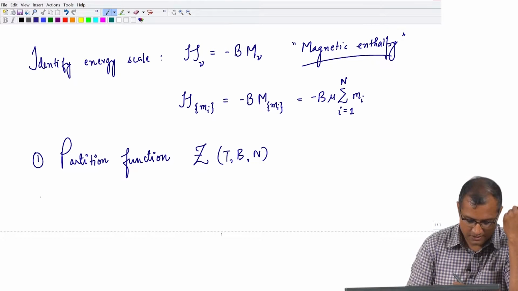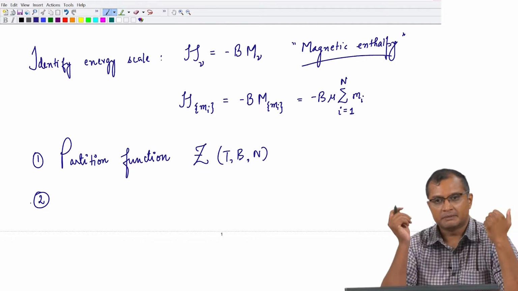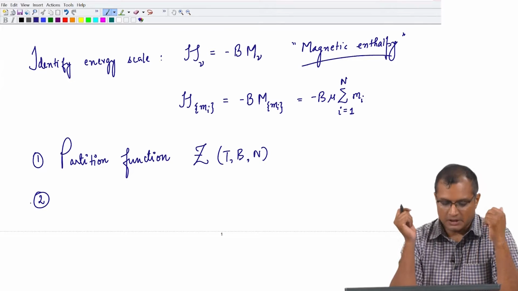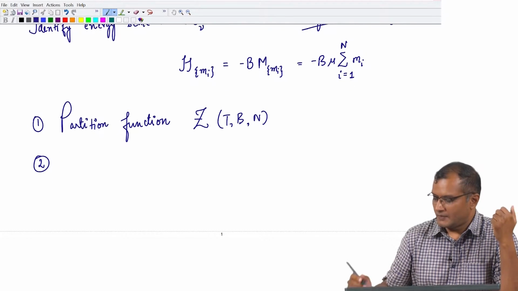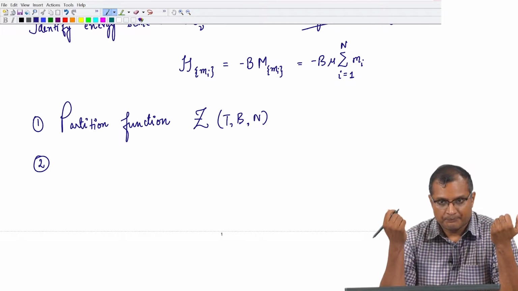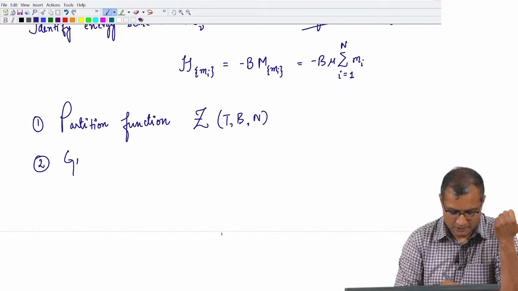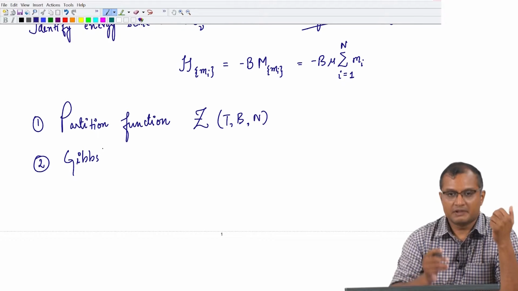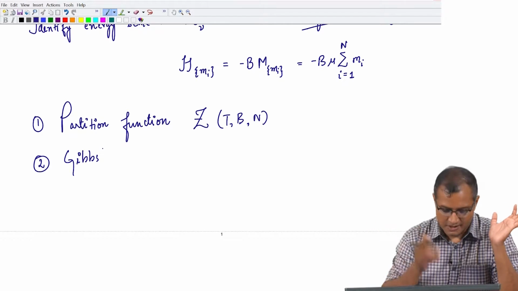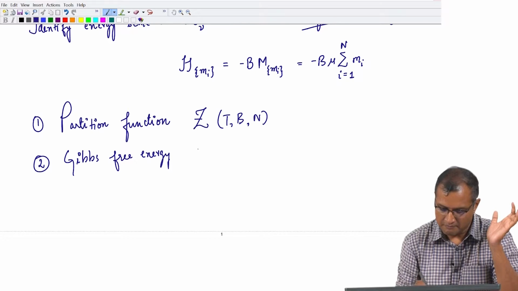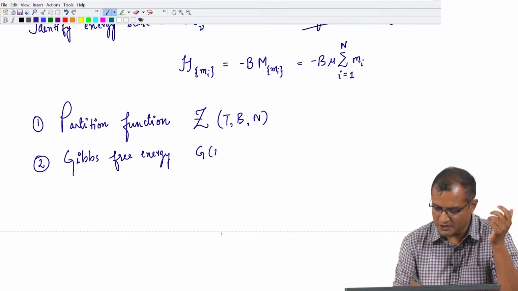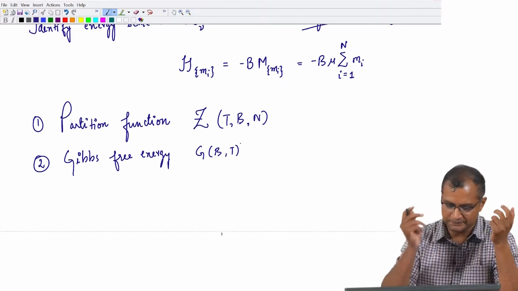Now, with this, if you compute the partition function, you can compute, for example, the Gibbs free energy of the system. So, this is now development of thermodynamics. You can compute Gibbs free energy of the system as a function of B and T.